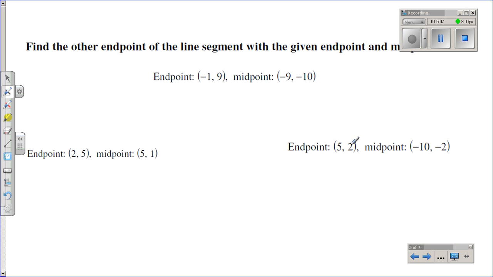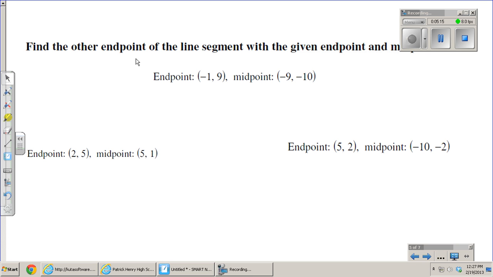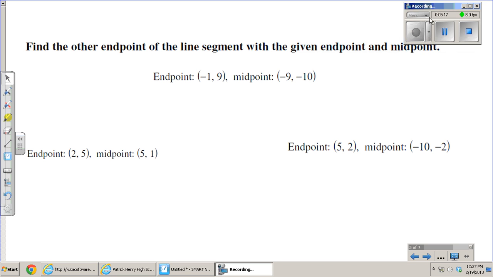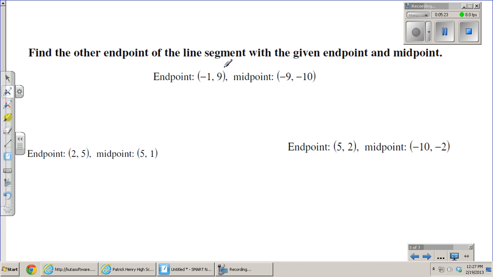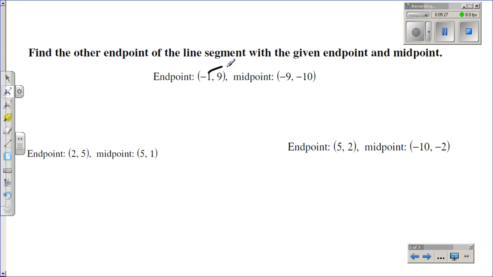Let me show you one more thing. Sometimes when we're working with endpoints and midpoints, they're going to give you the endpoint and tell you what the midpoint is and ask you to find the other point. Here's the best way to do it. Just do it one at a time. If this is the endpoint, and this x, I went from negative 1 down to negative 9, I went down 8.